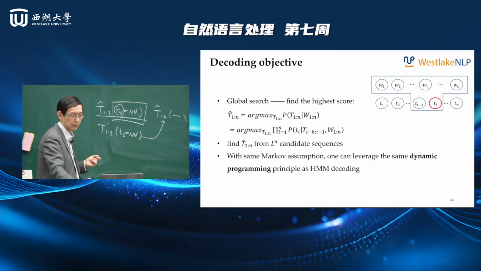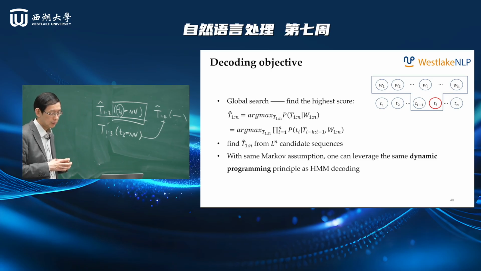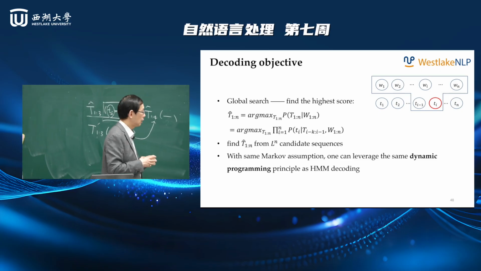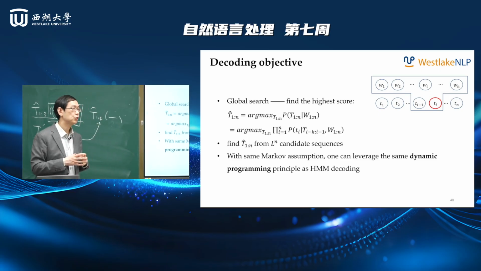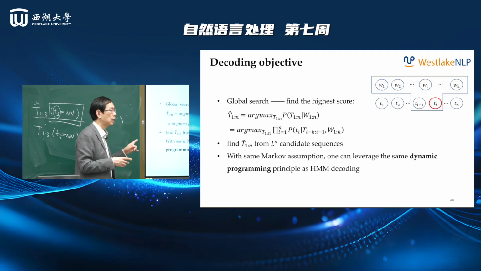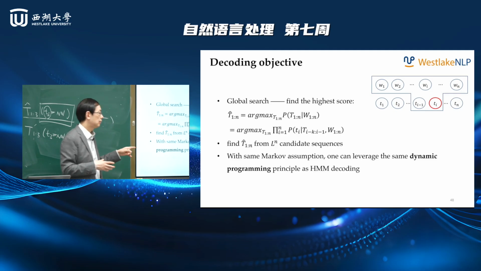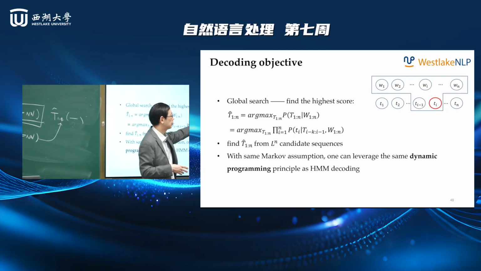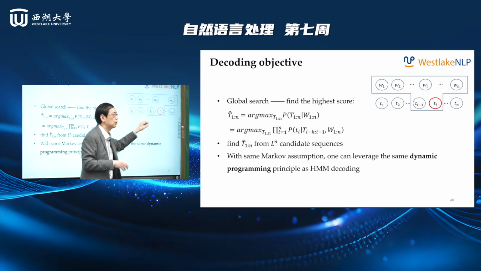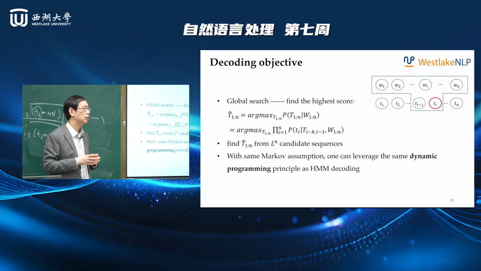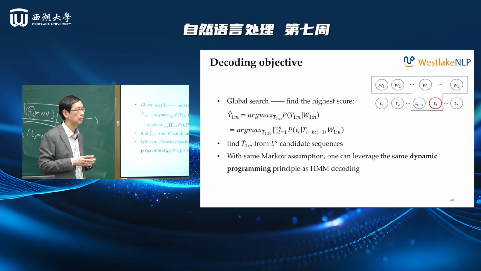Now, decoding is again a non-trivial issue. When you have an extremely local model, you predict every tag independently, so you don't have the decoding issue. But now, because your tag is dependent on the previous tag, when you try to find the highest scored subsequence, you cannot do every tag independently, right?